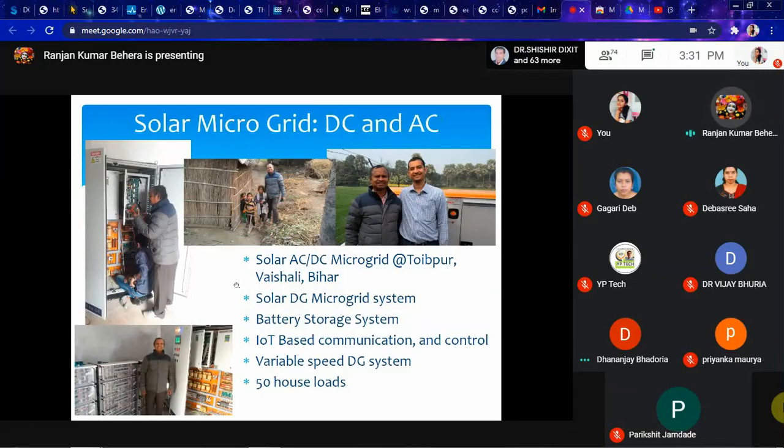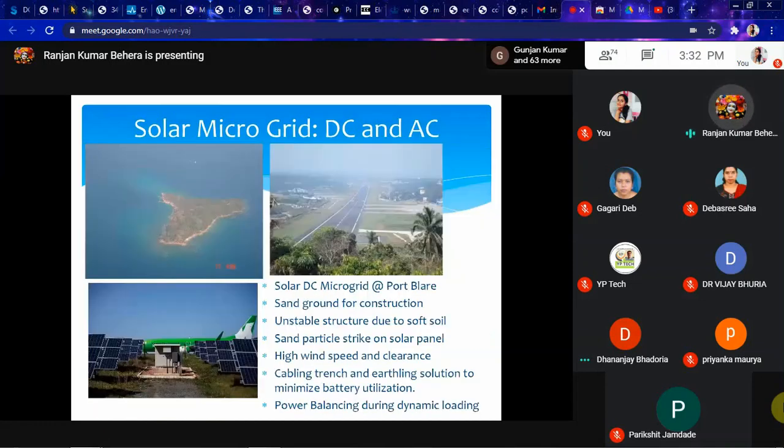Then this is another project at Vaishali District in Toipur. This is a village, and this complete setup is both solar AC/DC, plus a variable diesel generator, and it is completely smart, applied for 50 houses.